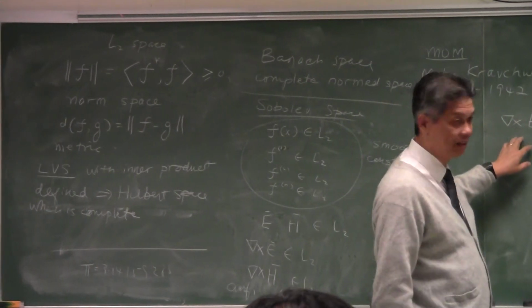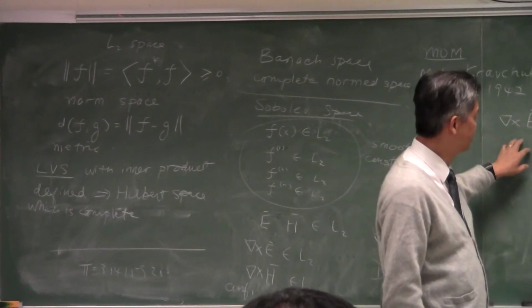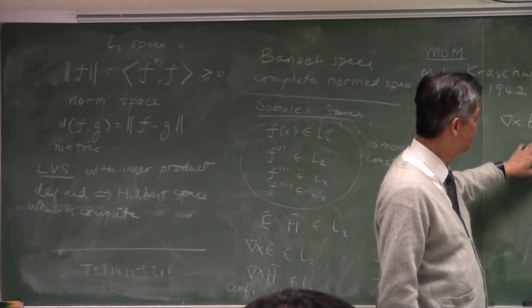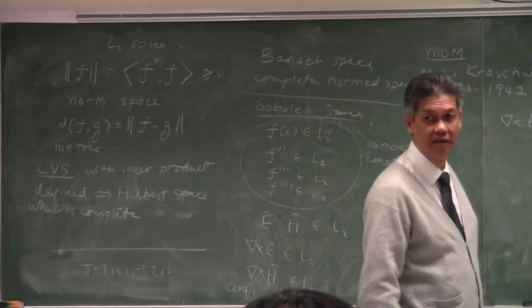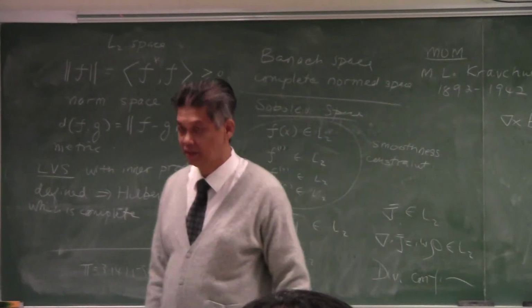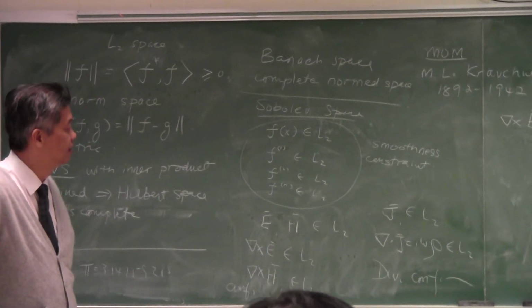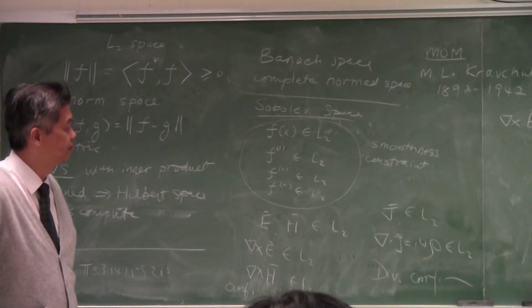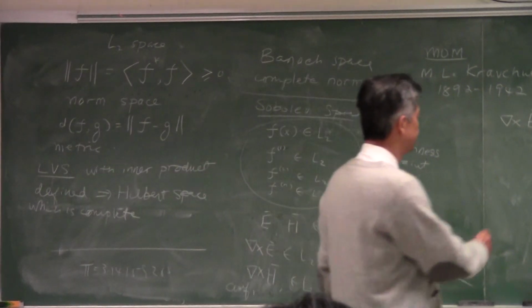Even if you have inhomogeneity, curl of E is finite. It has to be finite, and hence it should be square integrable. I think that's the case. Curl of E, curl of H.